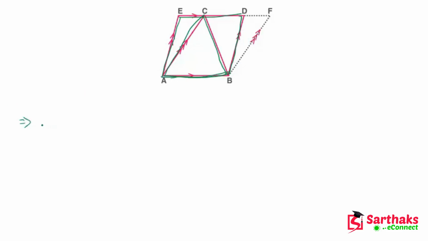So we can write here, in this figure we have a triangle ABC and a parallelogram ABDE.